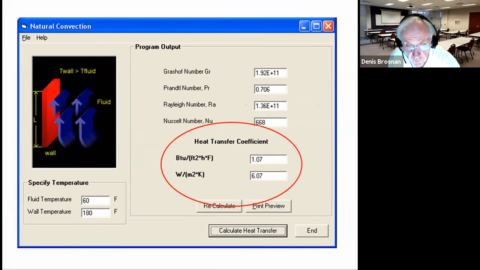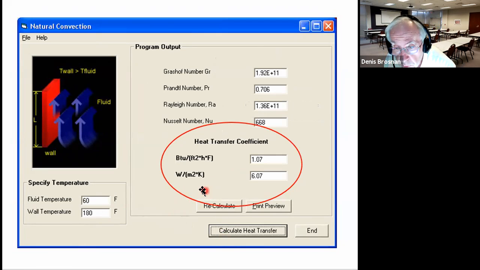So given those conditions, a 180 degree flat plate with an outside ambient temperature of 60 degrees Fahrenheit for natural convection, that's no airflow against the side, you can see it calculates 1.07 BTUs of energy transfer per square foot per hour per degree Fahrenheit.